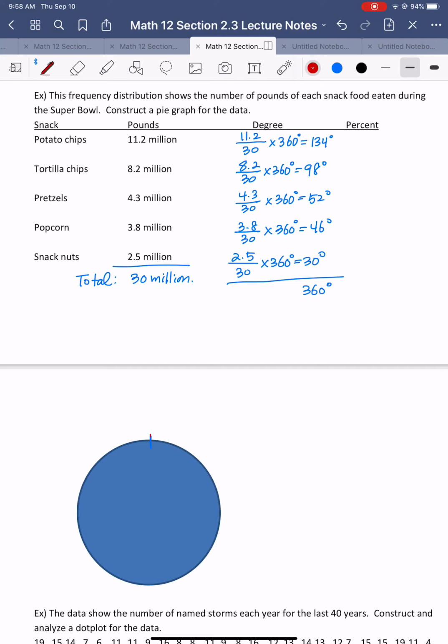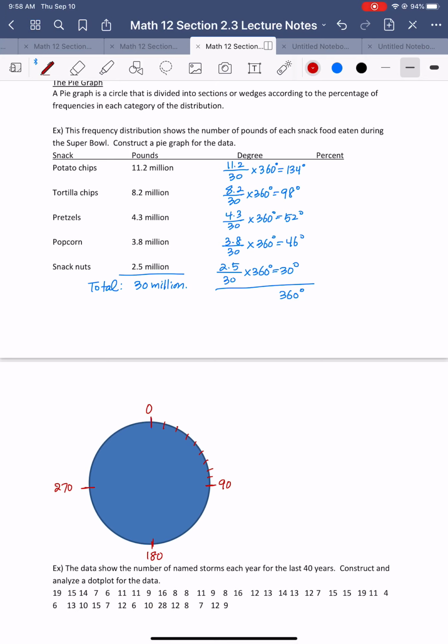So this is 0 degrees, and the half is 180. And then another quarter is 90 degrees, and the three-quarter mark is 270. So I'm going to divide it into 9 sectors: 1, 2, 3, 4, 5, 6, 7, 8, 9.